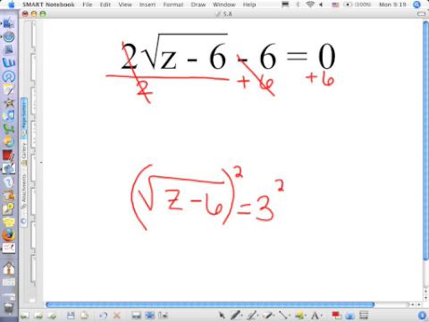Tyler, what's left over on the left? Equals 9. So what's z? 15. But what do we need to make sure of? We got to check it.